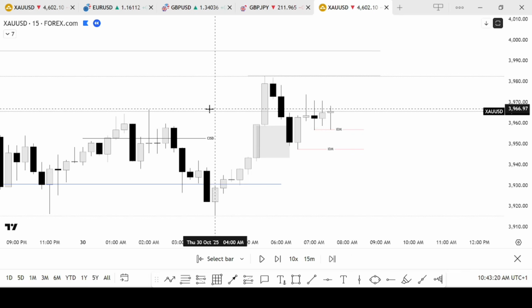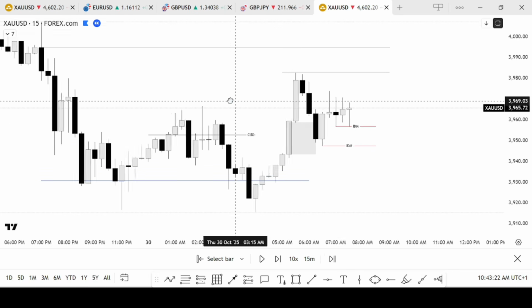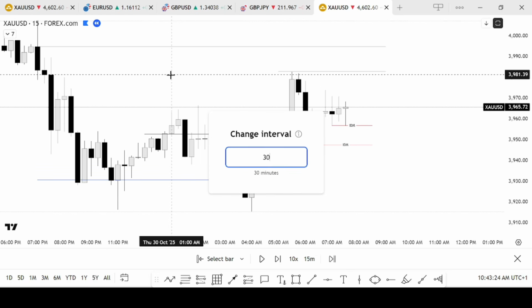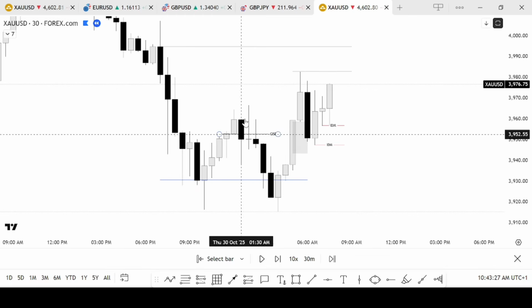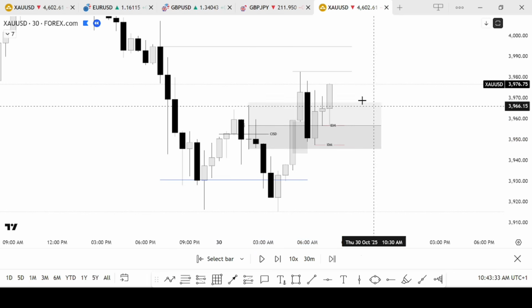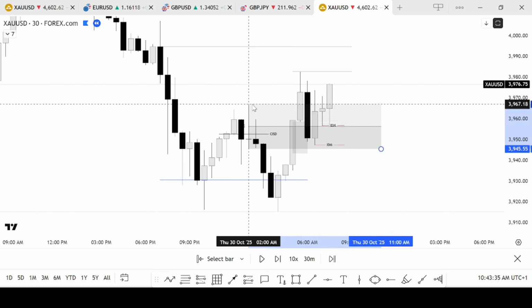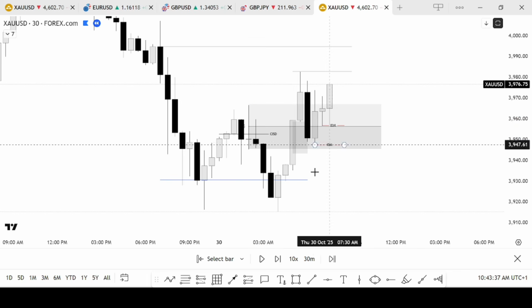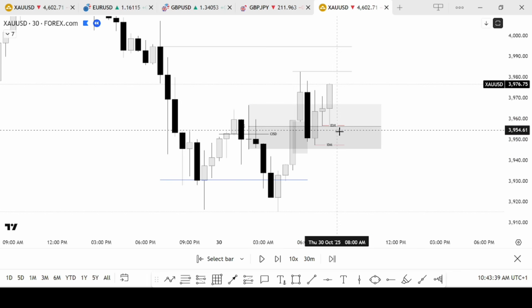So having seen this, the next thing I also want to check, let's check the 30-minute time frame. Yeah, on the 30-minute time frame, as you can see, we have an iCRT level on there. That's an iCRT level. And of course, we might want to look for a setup from this particular zone.